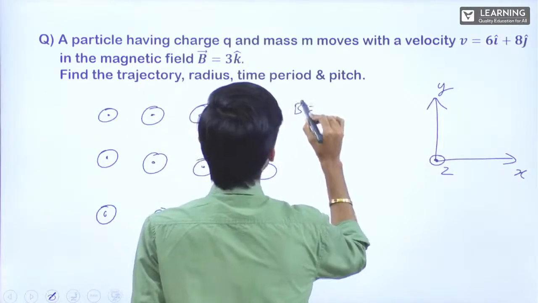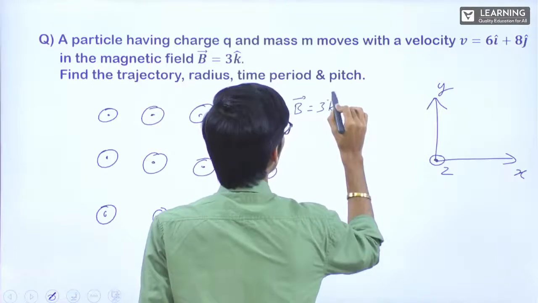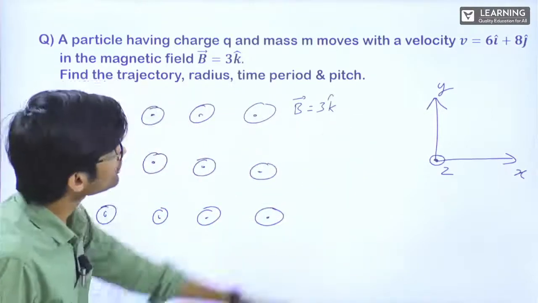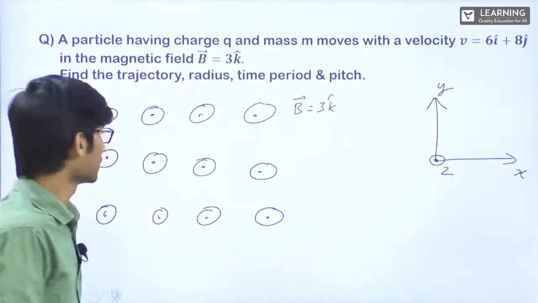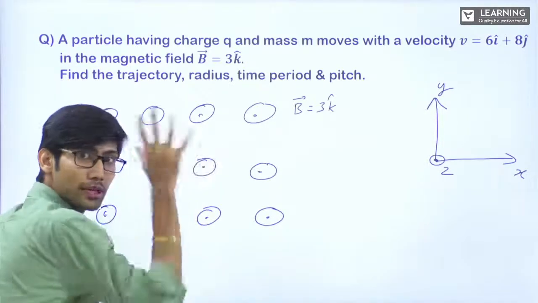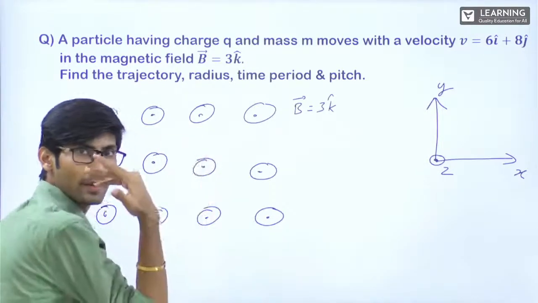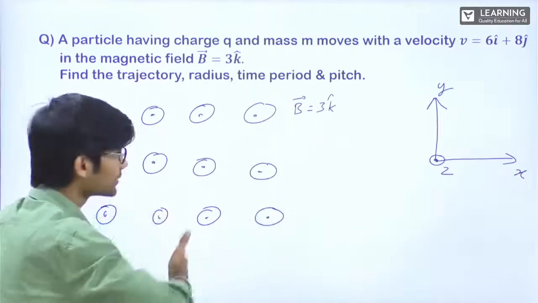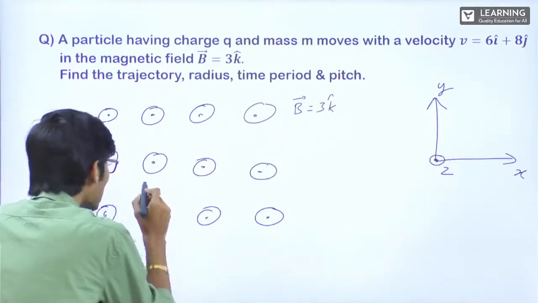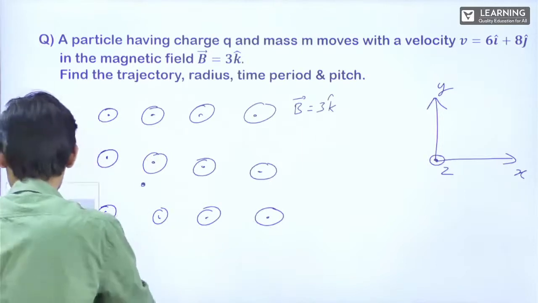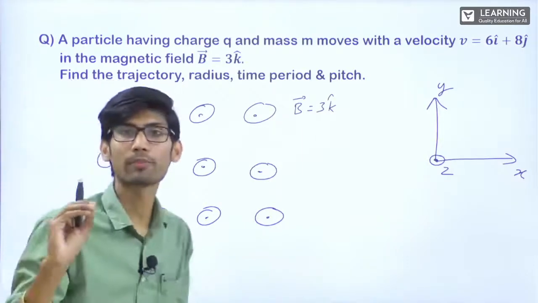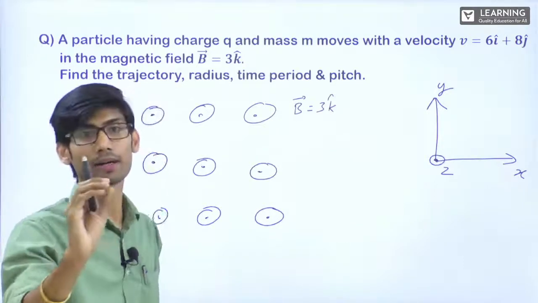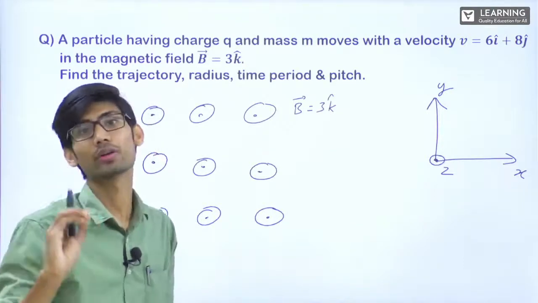Okay, so now this is B. B is equal to 3k cap. Velocity is 6 i cap plus 8 j cap. What does this mean? This magnetic field is coming out, i cap is in this direction, j cap is in this direction. So if this is the particle, the main thing in physics is to make the proper diagram. If you have made the correct diagram, you can never do any question wrong.